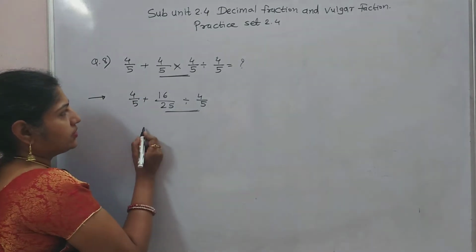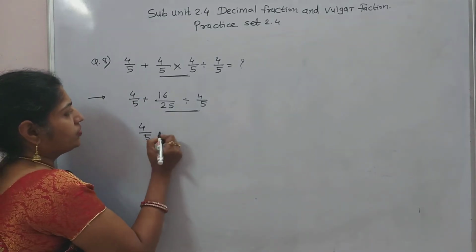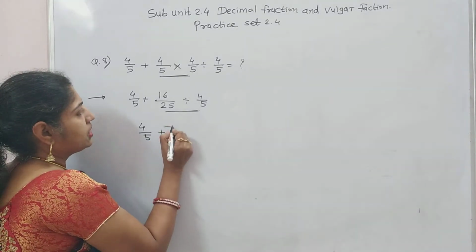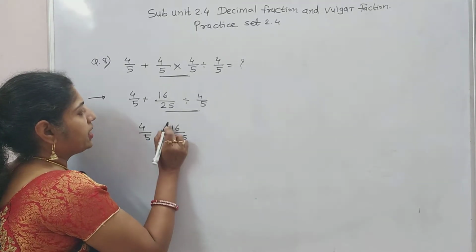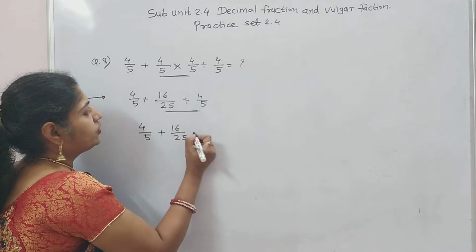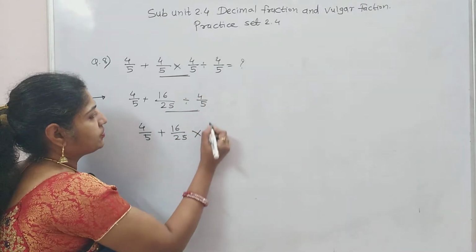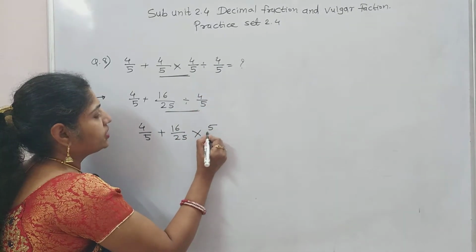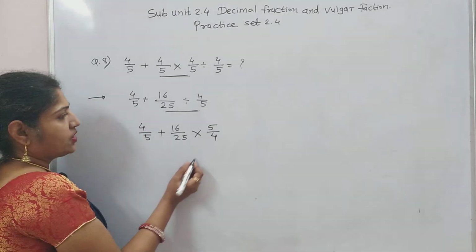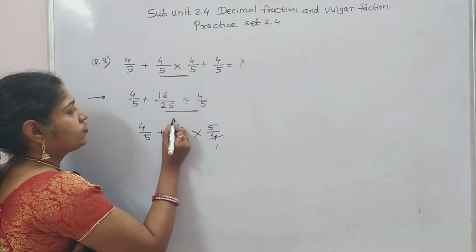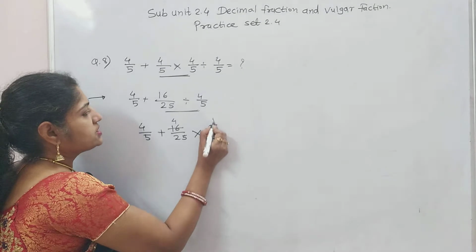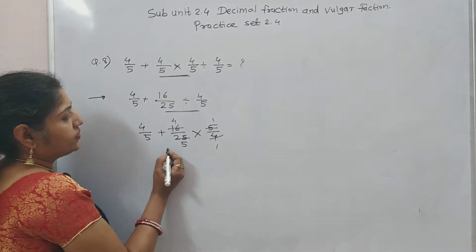Do the division. 4 upon 5 plus 16 upon 25, and division converts into multiplication, so take the reciprocal of 4 upon 5, that is 5 upon 4. 4 ones are 4, 4 fours are 16, 5 ones are 5, 5 fives are 25.